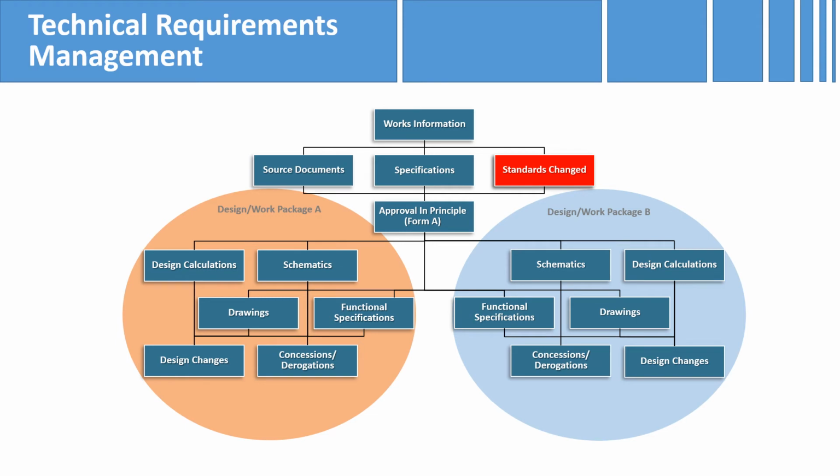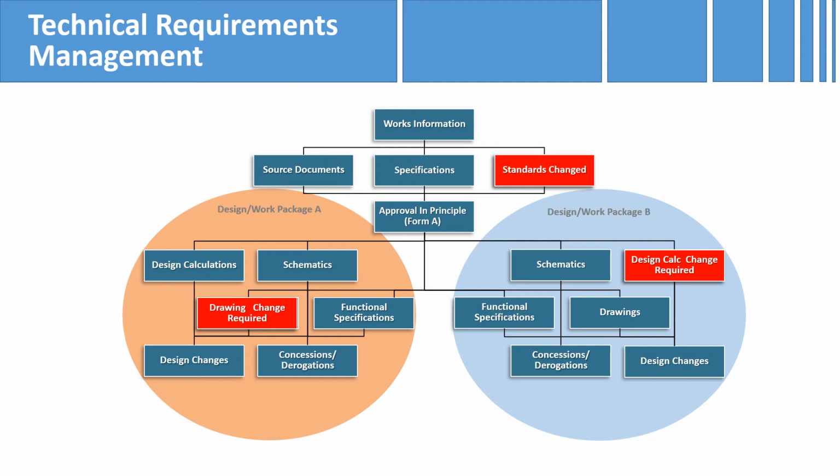It is important that we consider and determine whether this change will impact any of our design outputs, and lo and behold, it will require a drawing update in package A and a recalculation in package B.